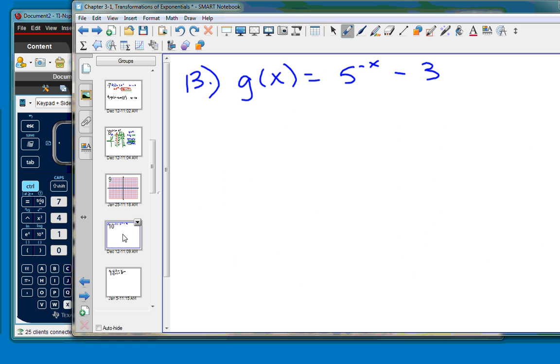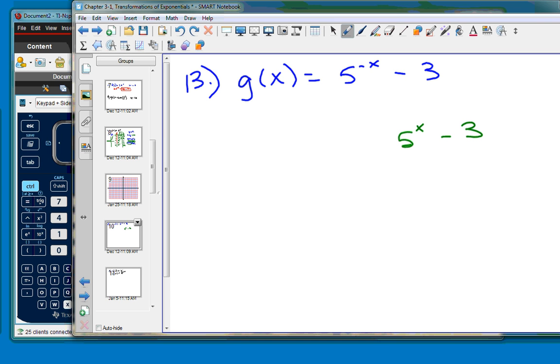Now, I want to talk about number 13. What's happening if I were to have 5 to the x minus 3? What would be happening to that graph?